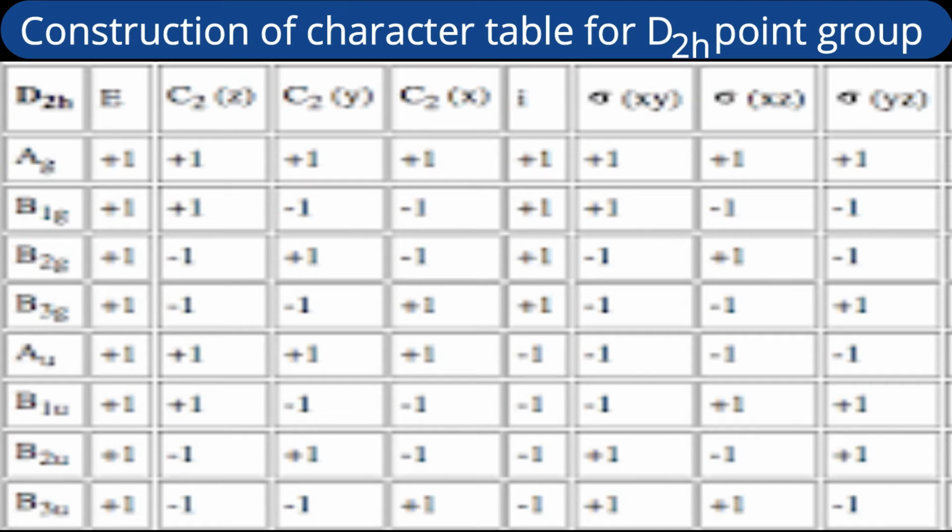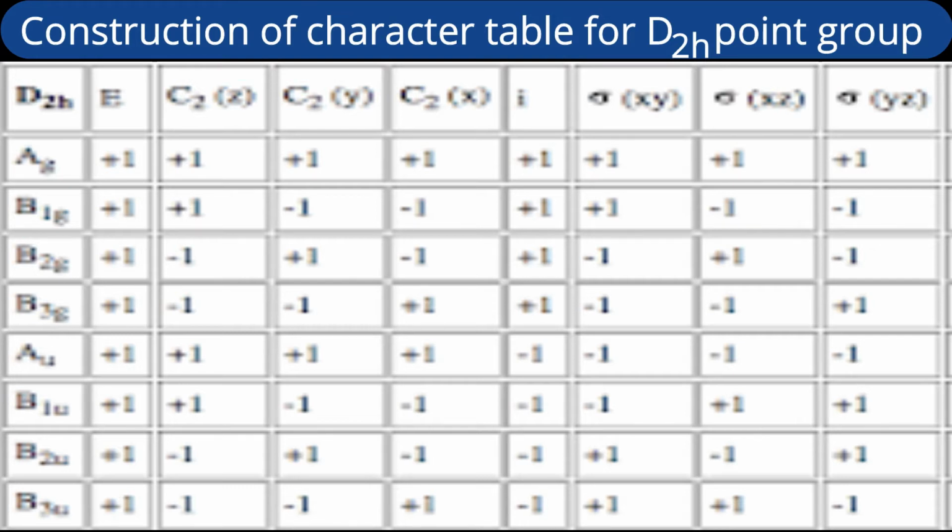An important point is the Mulliken's notations. I discussed that point. 8 irreducible representations are there and 8 are labeled. If you see the first irreducible representation, it is completely symmetric with all operations. What is our rule? Dimension is 1, then A or B. And if symmetric about the next, that's the principal axis.